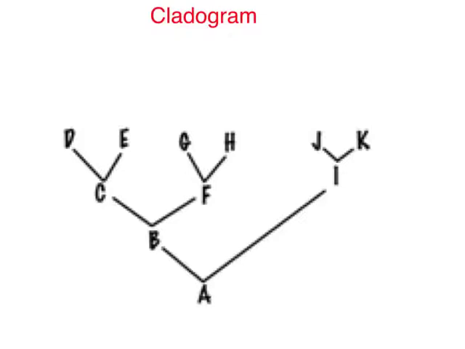ancestral group. And a clade itself is an evolutionary branch in a cladogram, and it consists of ancestral species and all the descendants. Okay, so a clade consists of the ancestral species and all the descendants. So let me give you an example of a clade.